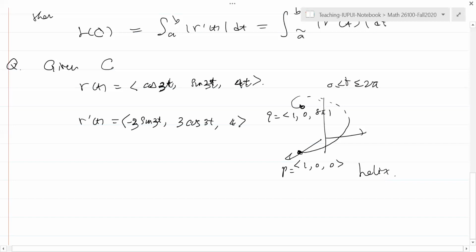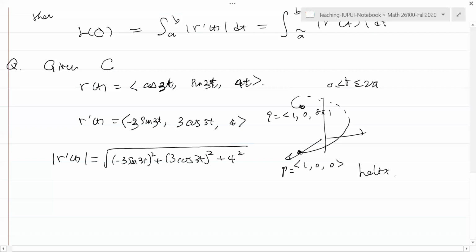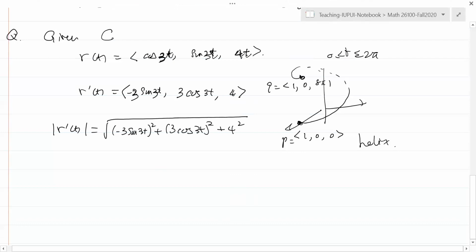And then the length of a vector is going to be the square root of the square of each component. So that will be -3 sine 3t squared, 3 cosine 3t squared, plus 4 squared. I simplified. It is going to be 3 squared, and 4 squared. You know why I choose 3 and 4 here.